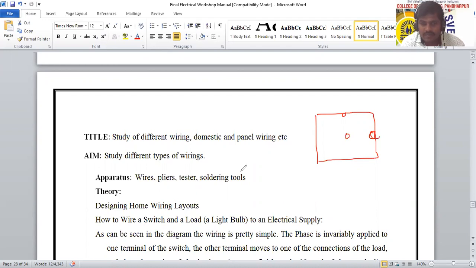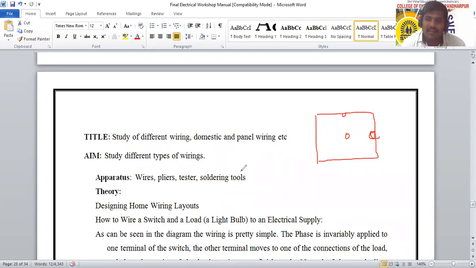While you are at the ground floor, by pressing the switch your load on the stairs gets on, and if you are at the first floor, by pressing the switch there you turn off that bulb on the stairs. So this is the staircase wiring.